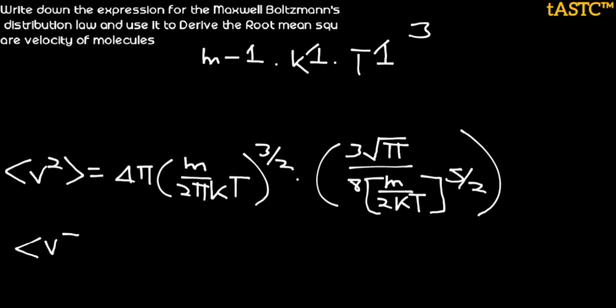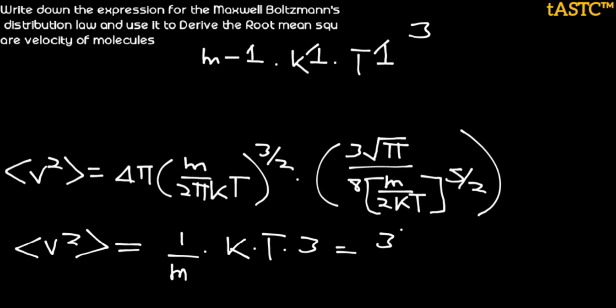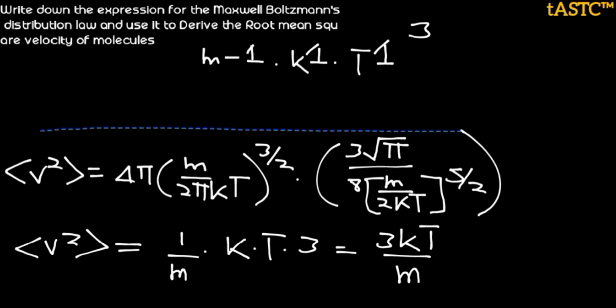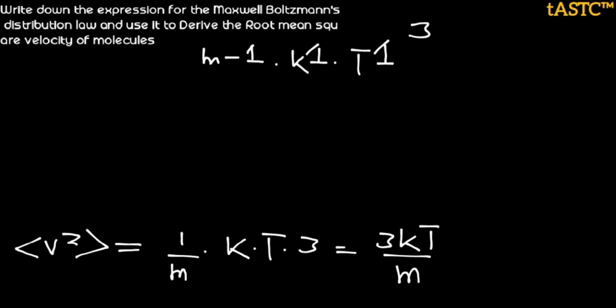So we got v squared, that is going to be equal to 1 over m, and this will be multiplied by k. This will be multiplied by t and multiplied by 3. So this is going to be 3kt divided by m. Now we know that VRMS was equal to the square root of this.